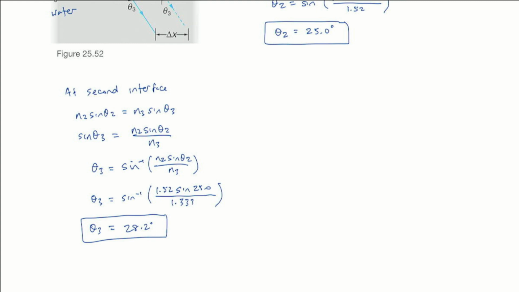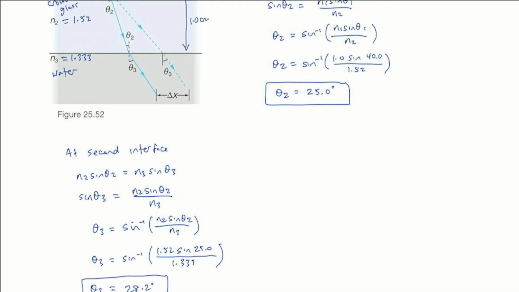Okay, so now we need to find that delta x. And so we can think of it this way.